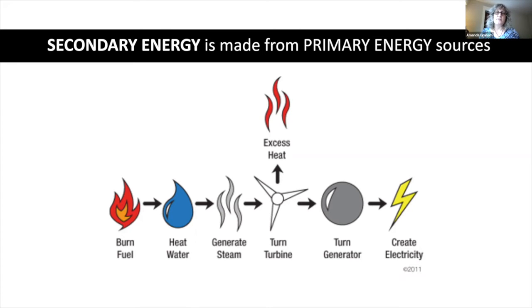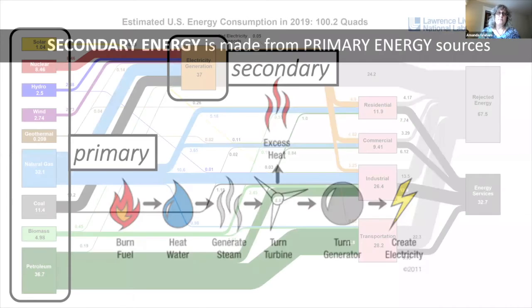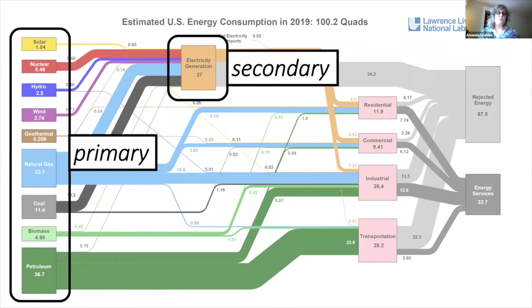Hydrogen is often another example of a secondary energy source. And that's important because when we think about using more and more electricity, what matters is not just that we're using electricity, but how that electricity is being made. Where is it coming from is also a critical question for us to ask. So here again, just showing that relationship between the primary energy and the secondary energy as we're seeing here on the Sankey diagram.